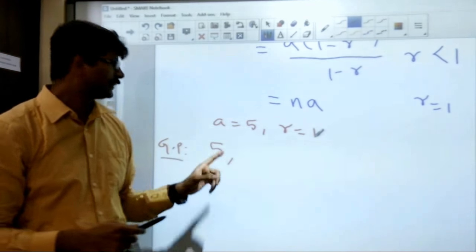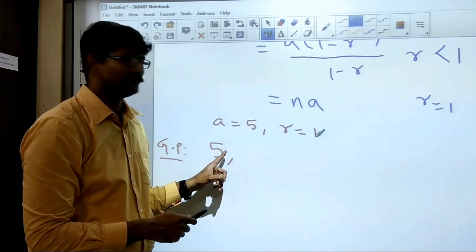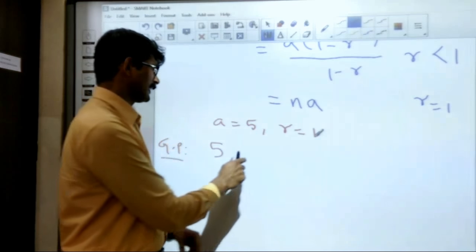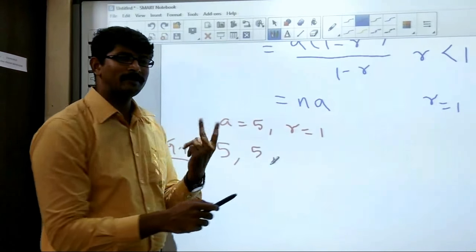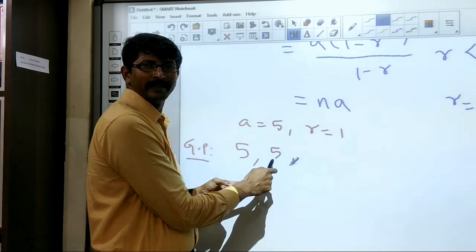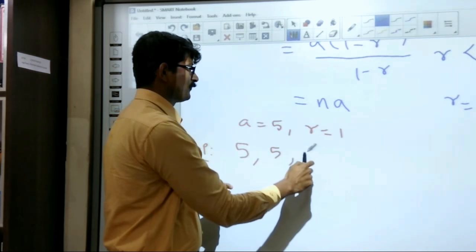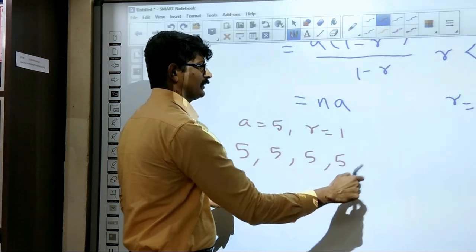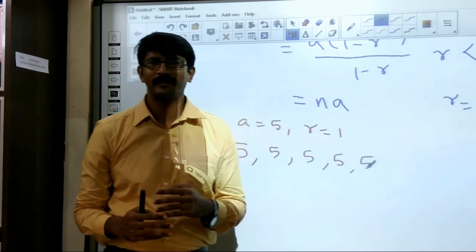So students, what will be the next term? What will be A2? 5 into 1, that's 5. What will be the third term? The preceding term into R, that is 5 into 1, which is 5. I hope students you are understanding this.